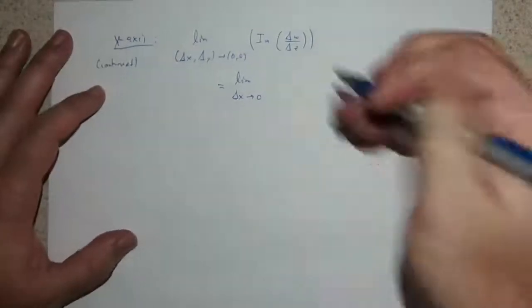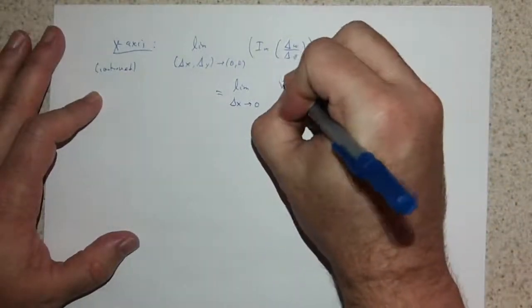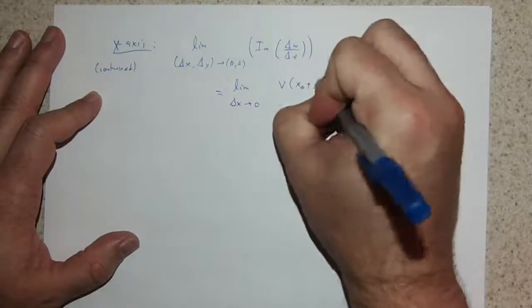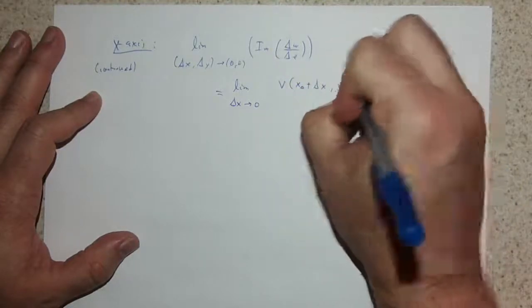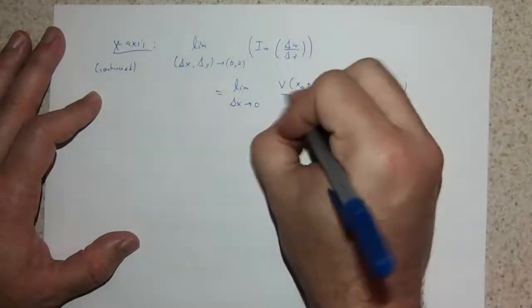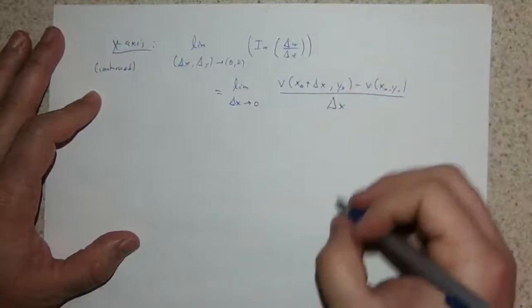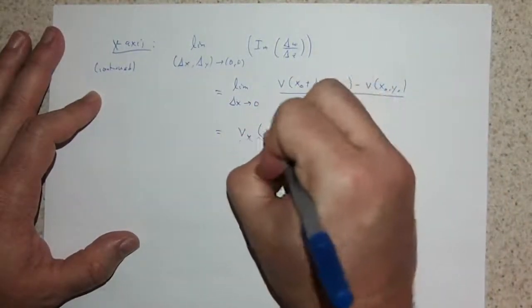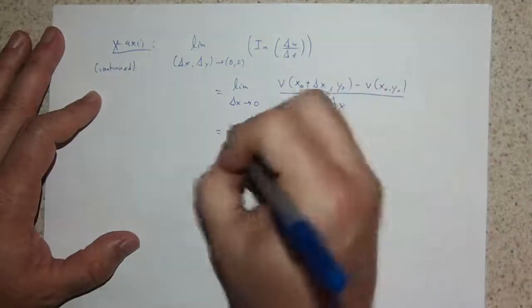Okay, and so this is v of (x naught plus delta x, y naught) minus v of (x naught, y naught) over delta x, which is again the x partial of v at the point (x naught, y naught).